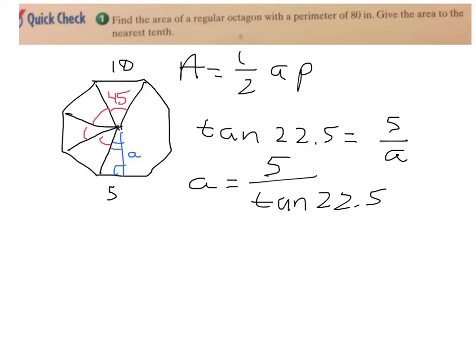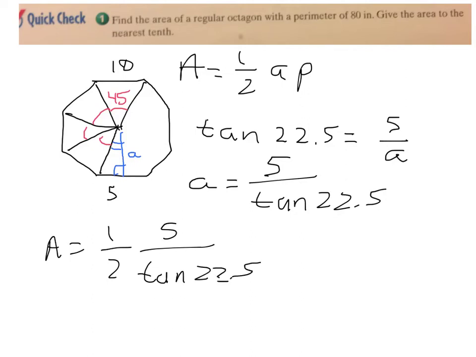You can multiply both sides by a, then divide both sides by the tangent of 22.5, but hopefully you can do that in just one step, where you exchange the a and the tangent of 22.5. So now the area is going to be 1/2 the apothem, which is 5 over the tangent of 22.5, times the perimeter, which is 80.